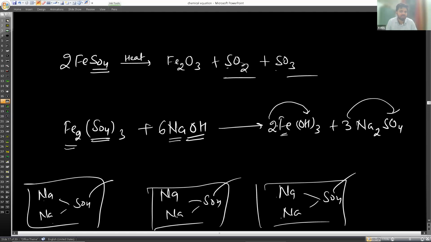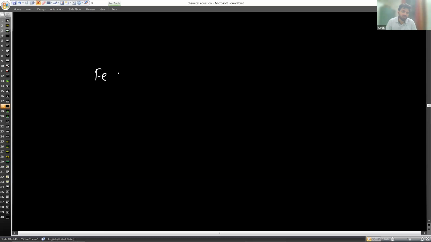This hydroxide will become 6, because it is 1 Fe with OH whole thrice, so it means it is having 3 OH ions.